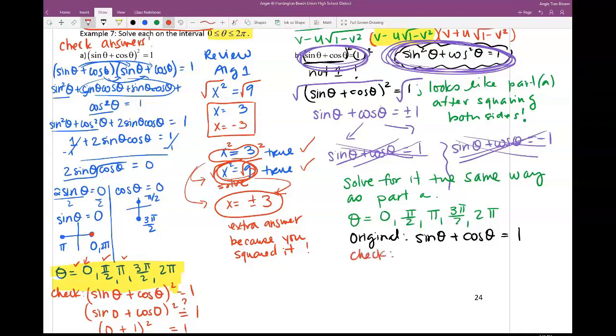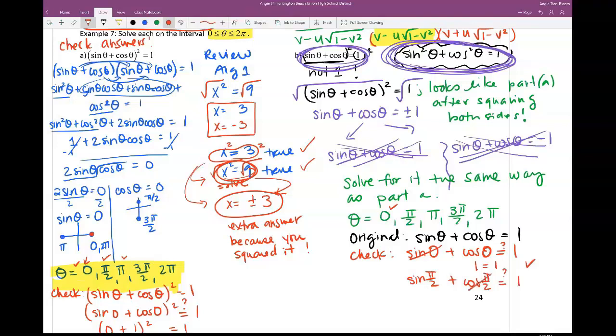So check. When theta is 0, let's plug in: sine of 0 plus cosine of 0, is it equal to 1? Well, sine of 0 is 0, so that goes away. Cosine of 0 is 1, so 1 equals 1. Check, I can keep that one. How about pi over 2? Sine of pi over 2 is 1 plus cosine of pi over 2, is it 1?